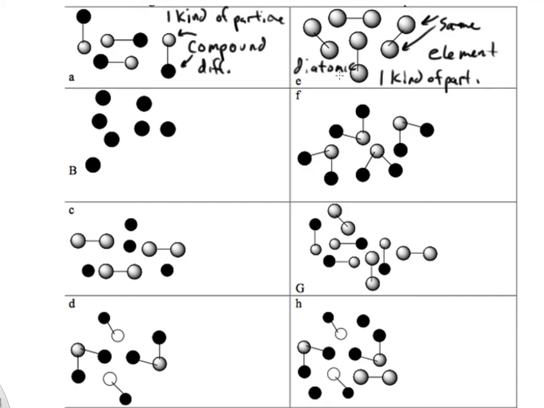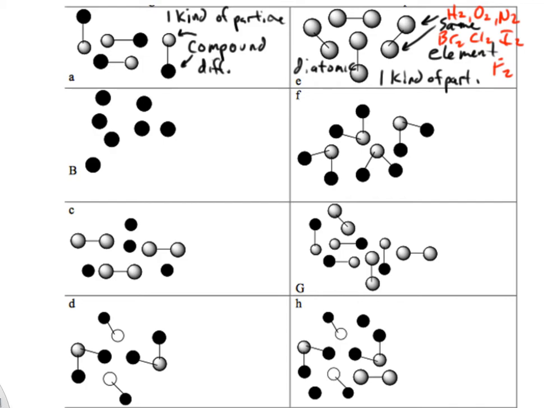So this could be the example. This could be hydrogen. It could be oxygen. It could be nitrogen. It could be bromine, chlorine, iodine, etc. Okay, because it's also fluorine. So that's a diatomic element.